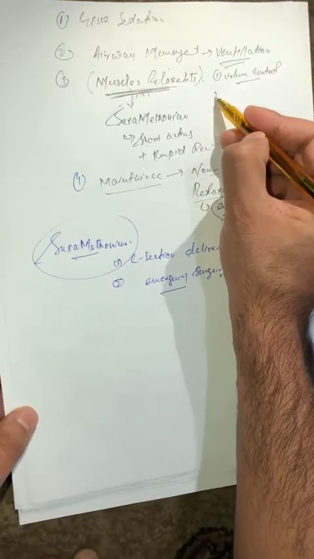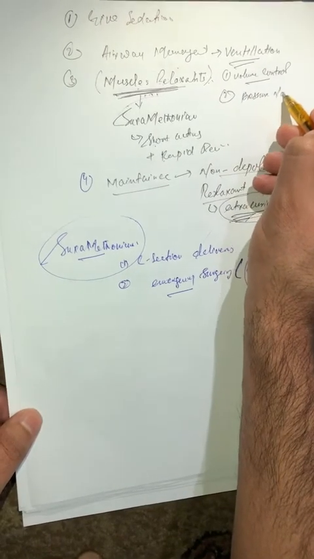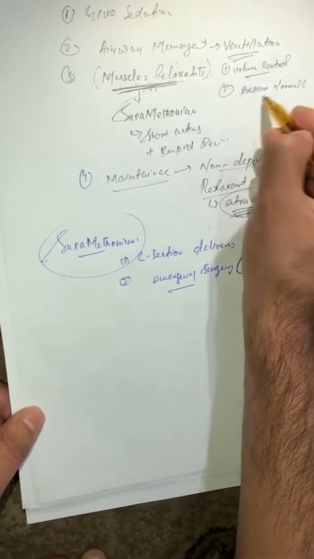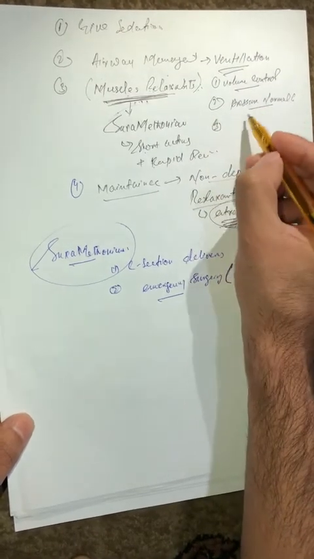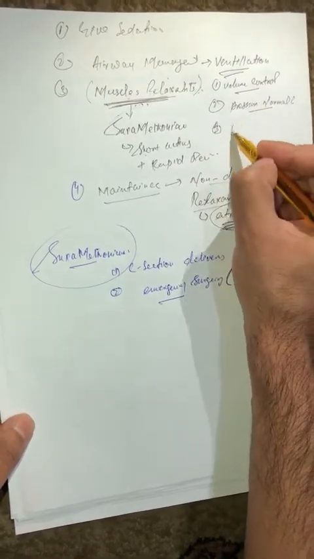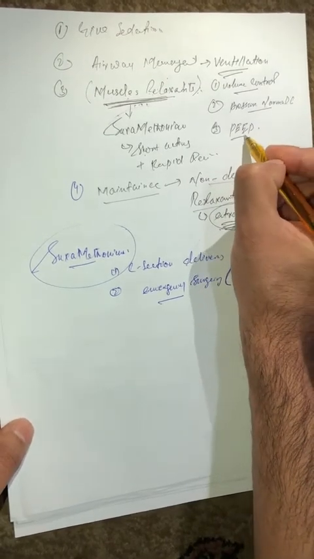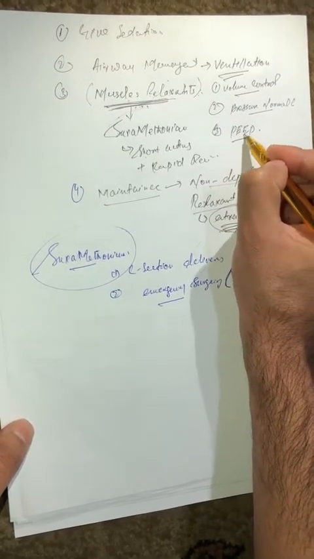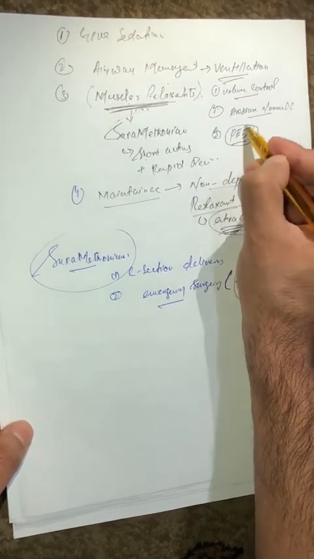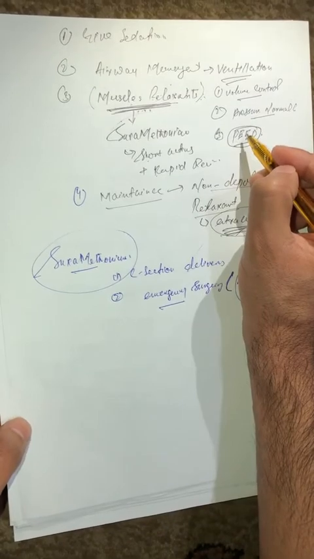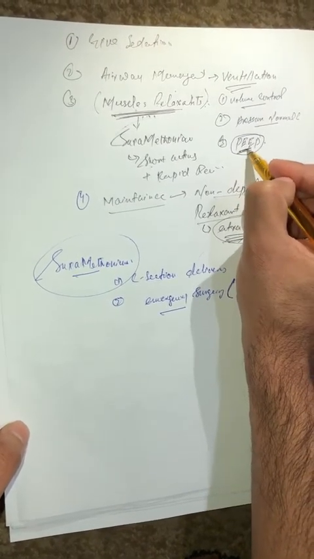The second one is pressure control, to prevent high pressure air in the lungs. Third is positive end expiratory pressure, which is called PEEP. This one is the best level because it prevents alveolar collapse at the end of expiration.